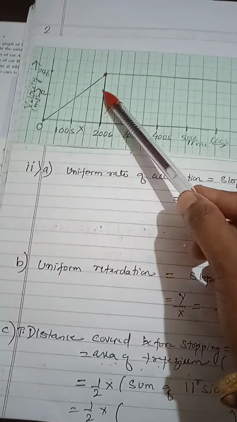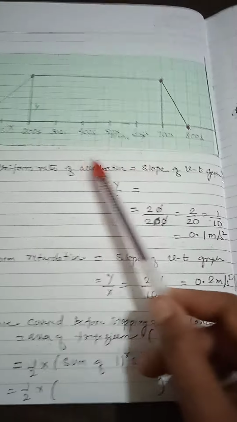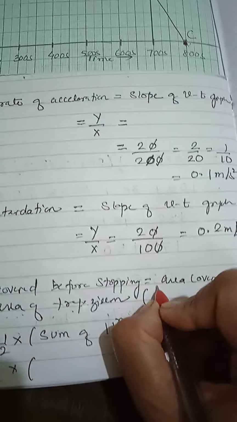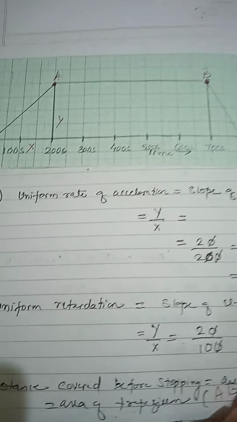So here, how many figures? Or directly you can do the area of trapezium. So area of trapezium will be sum of the parallel sides. What are the parallel sides here? Write down this one A, B, this is C, and this one as O. So area of trapezium, I am writing the name of the trapezium, ABCO.